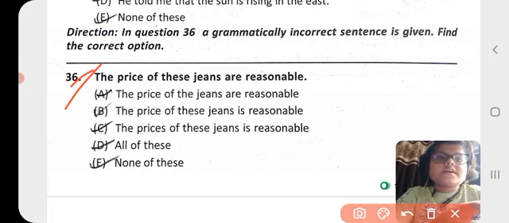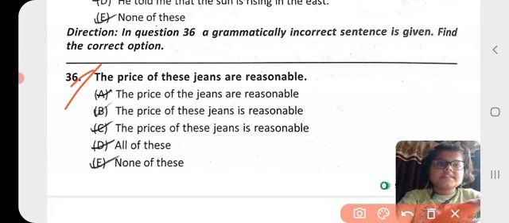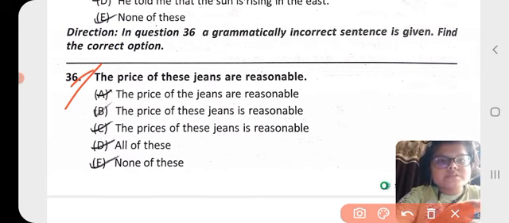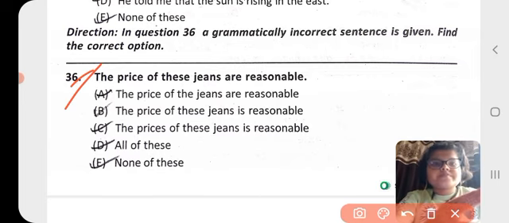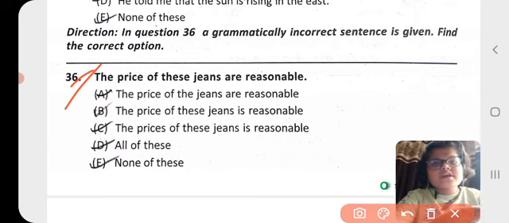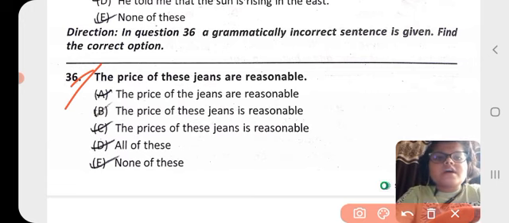Question 36. In question 36, a grammatically incorrect sentence is given. So you have to find the correct option. Which statement is correct? The price of these jeans are reasonable. We see that here are is used with the price.